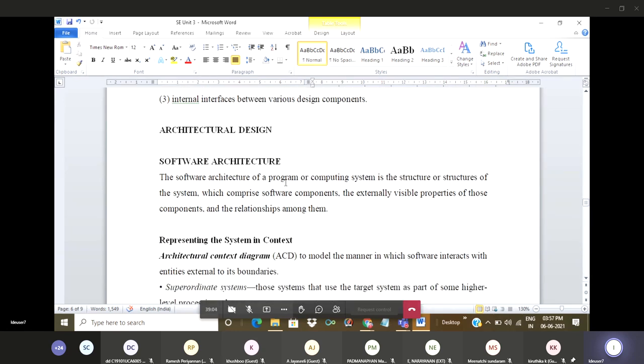The system architecture of a program or computing system is the structure or structures of the system which comprise software components, the externally visible properties of those components and the relationships among them. There's an exact definition of software architecture. Then representing the system in context.